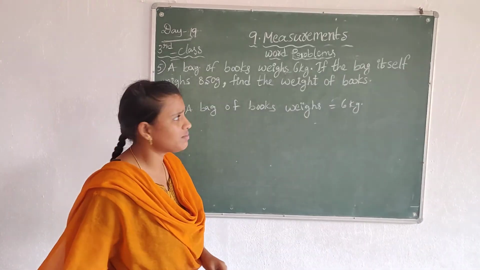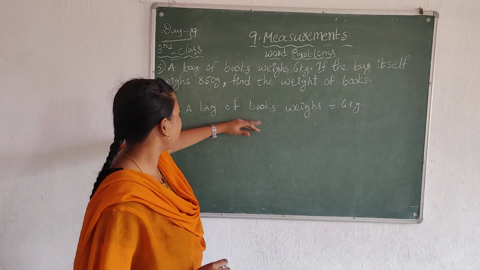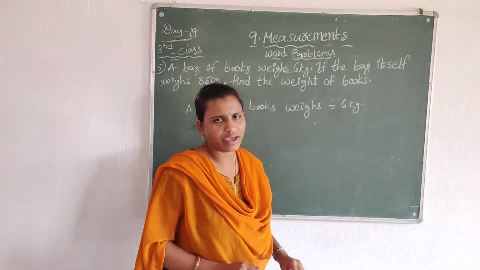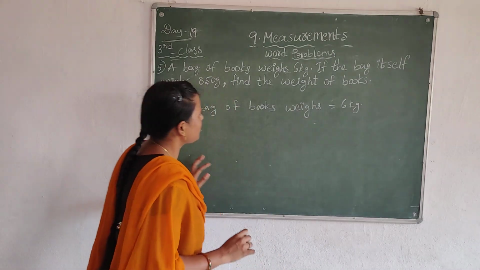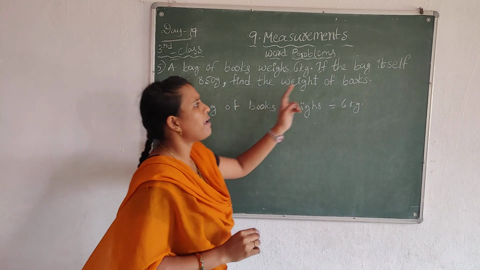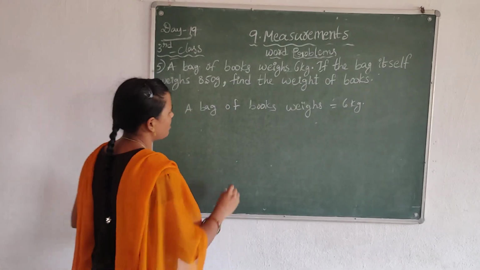Here you must observe, here it is given: bag plus books equals 6 kgs. If the bag itself is 850 grams, the bag weight is separately 850 grams.